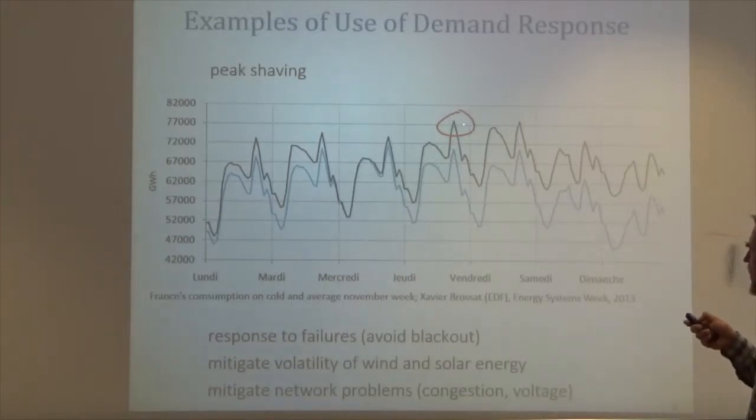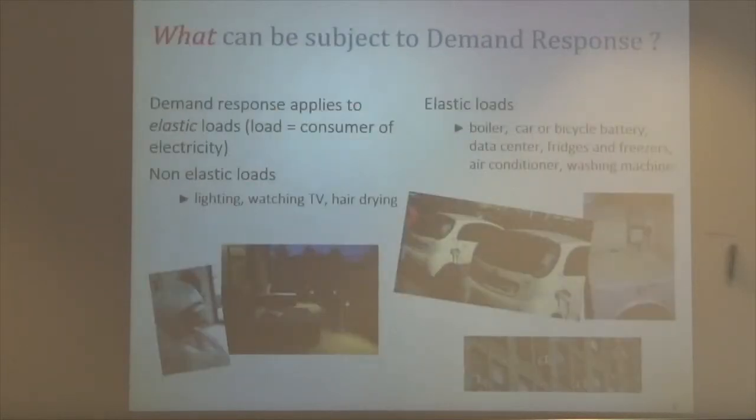So energy consumption is typically peaking in the evening, and if you can find a way to reduce that peak, that is called shaving the peak, then you can, for example, avoid deploying one more nuclear plant. And this is one of the typical uses of demand response that was done in the past.